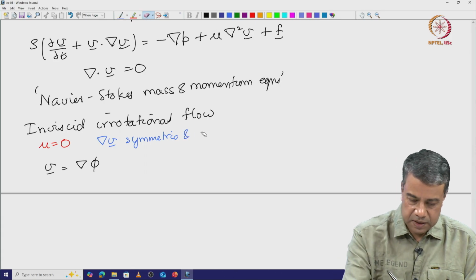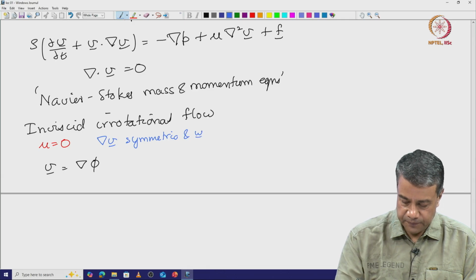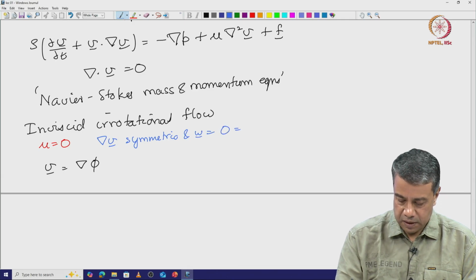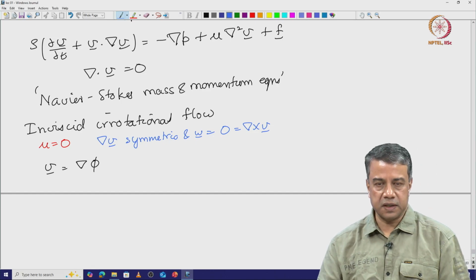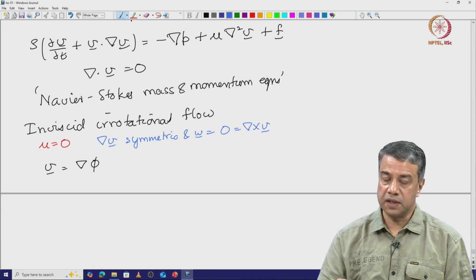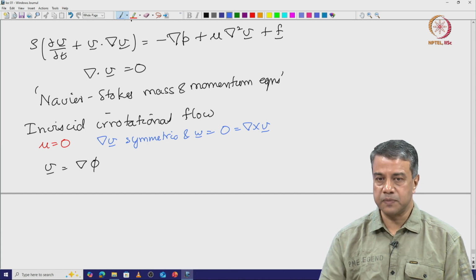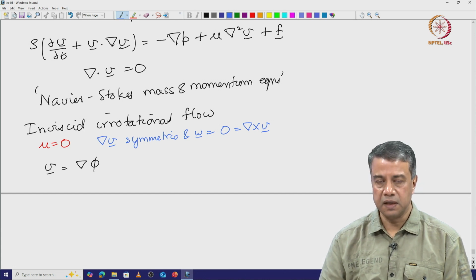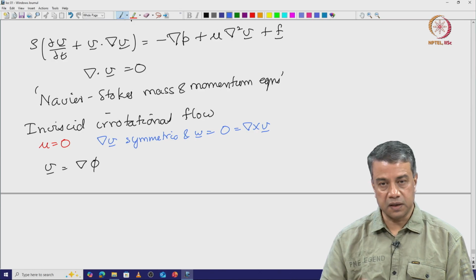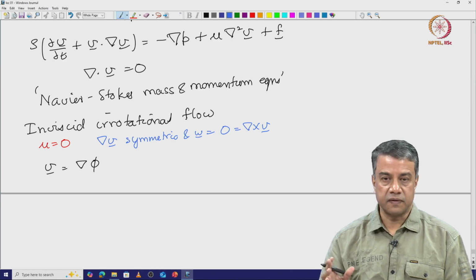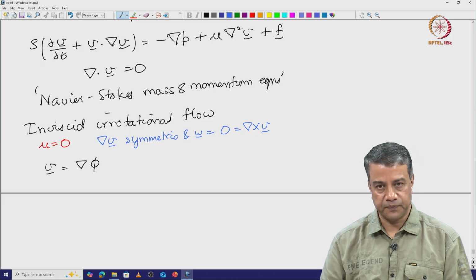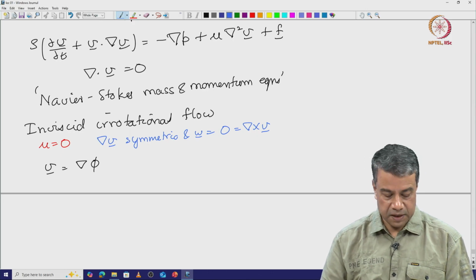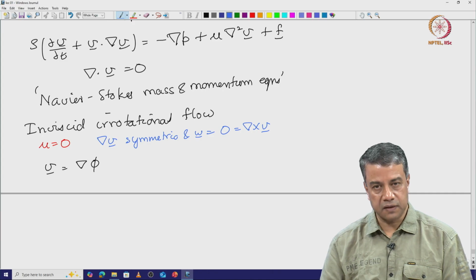Vorticity is the curl of the velocity, and it has to be 0 because, as I told you, the antisymmetric part of the rate of deformation tensor can be expressed as half omega cross delta x. If the antisymmetric part is 0, all three components of the vorticity are 0. If that is the case, you can express the velocity as the gradient of a potential.